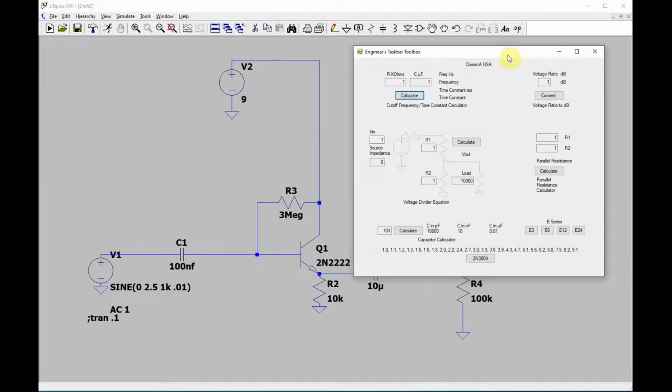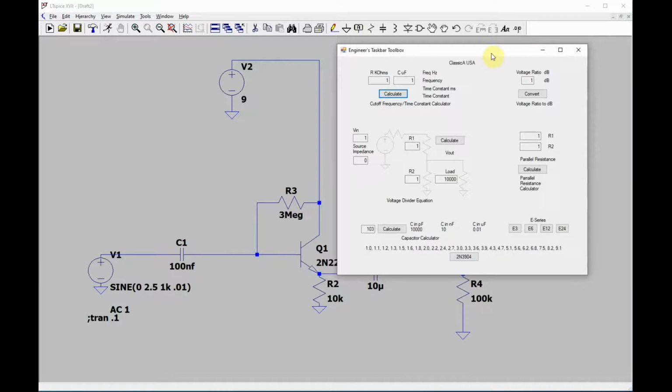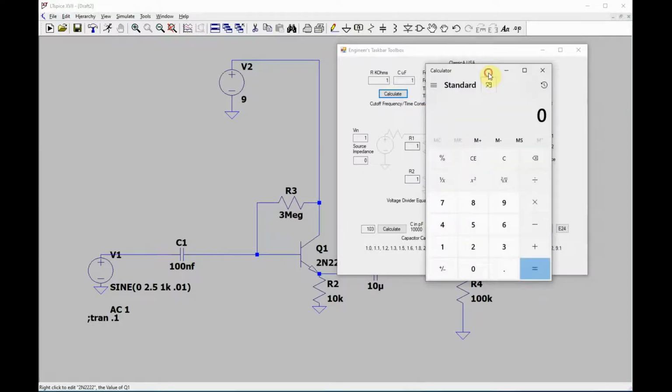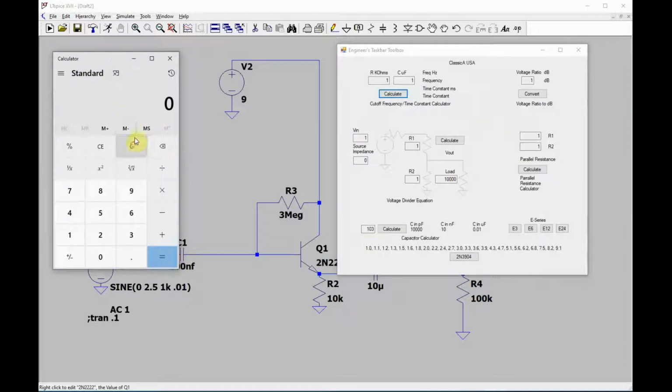I'll bring up my little calculator. So we're going to have 10,000 times 150. That's going to be like a 1.5 meg resistor.